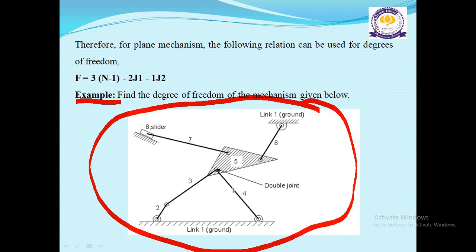Link 4 and 5 have a double joint between them. Next is link 6, this one, and this is link 7, and here this slider, having reciprocating motion, is link 8.